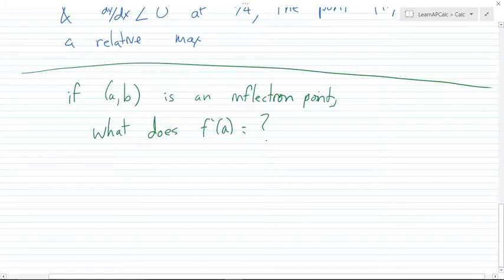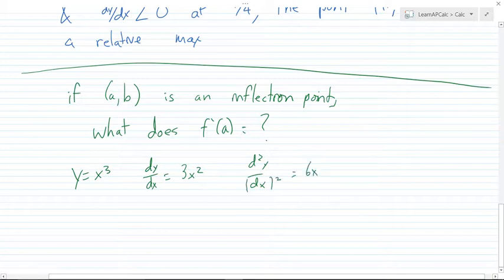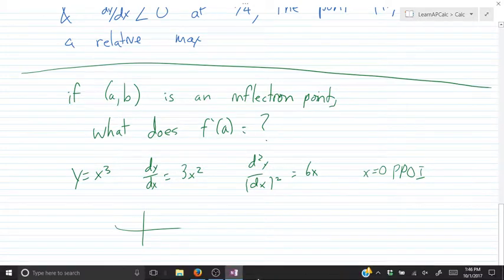So first, let's find something with an inflection point. Alright, so let's try this. x equals 0 is a possible point of inflection, and y equals x cubed.